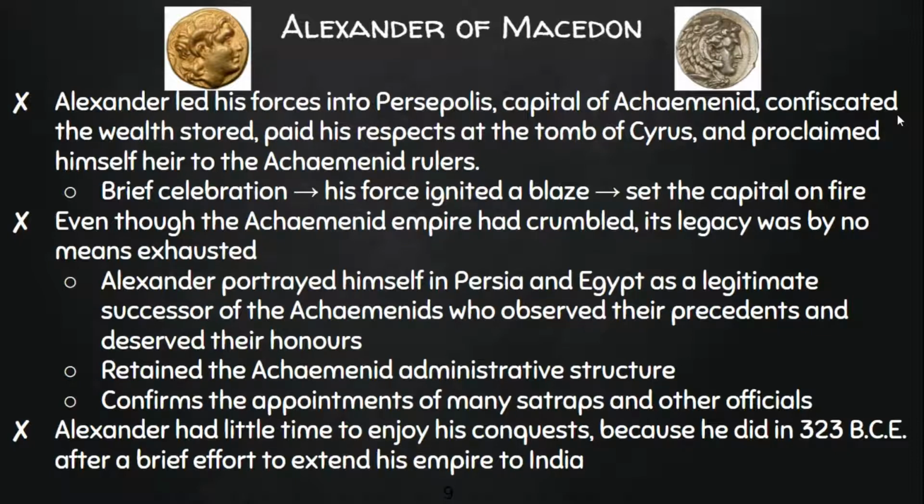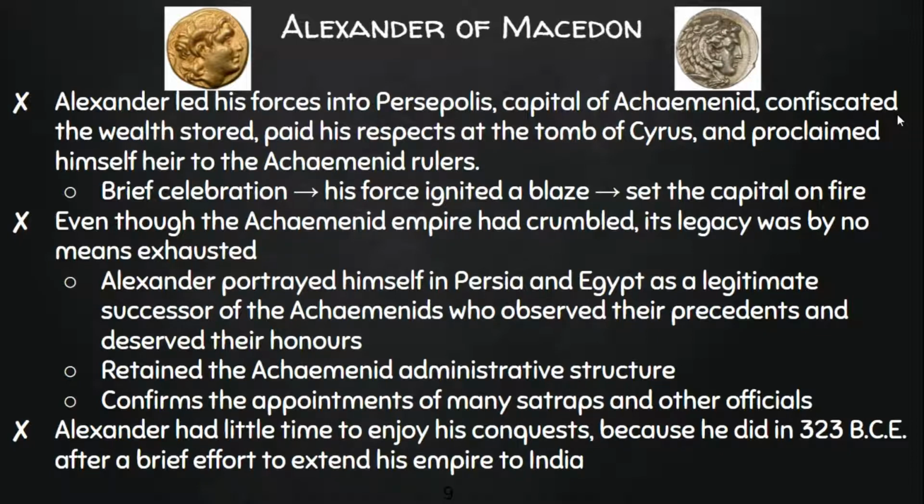Who knows? Even though the Achaemenid Empire had crumbled, its legacy was by no means exhausted. Alexander portrayed himself in Persia and Egypt as a legitimate successor of the Achaemenids, who observed their precedents and deserved their honors.